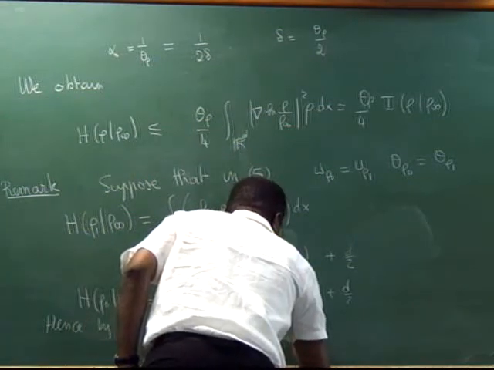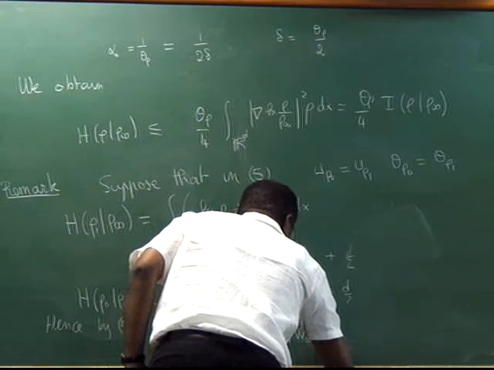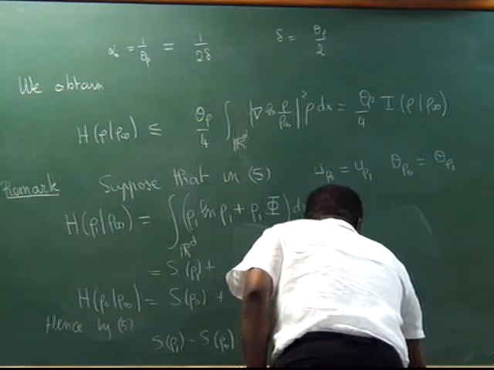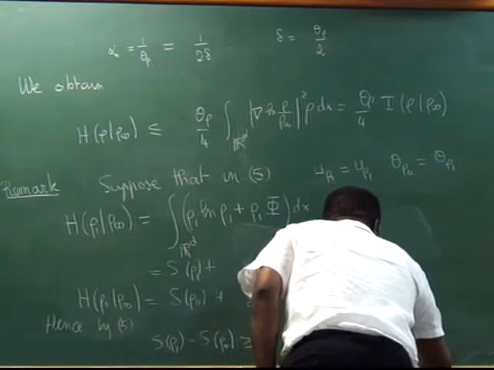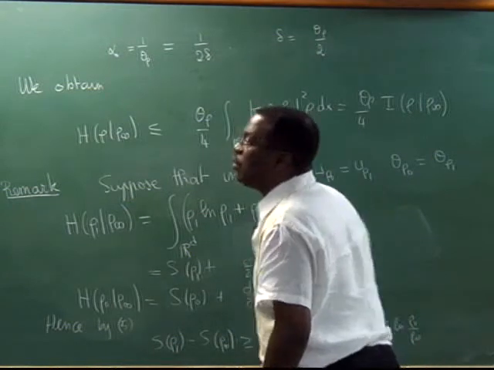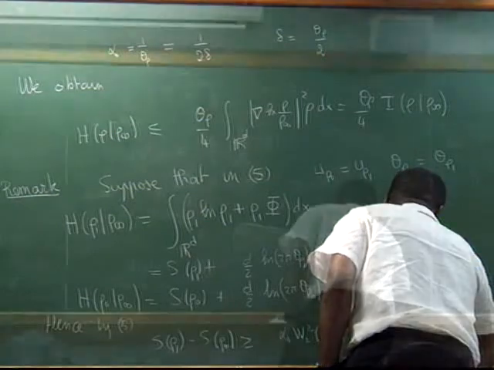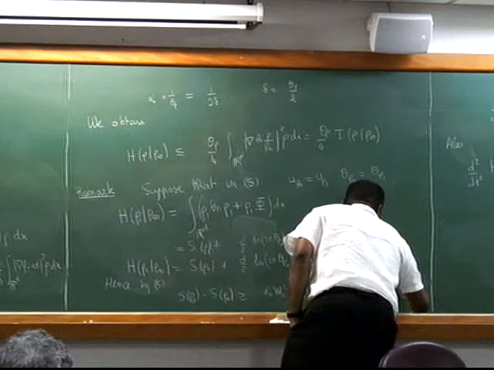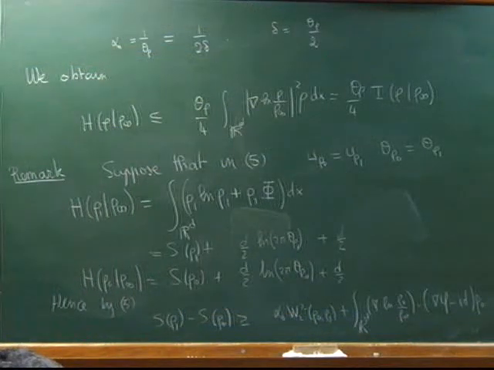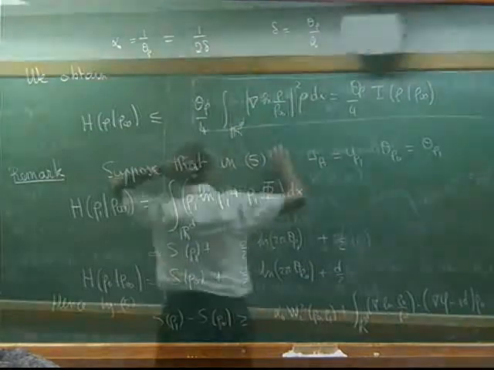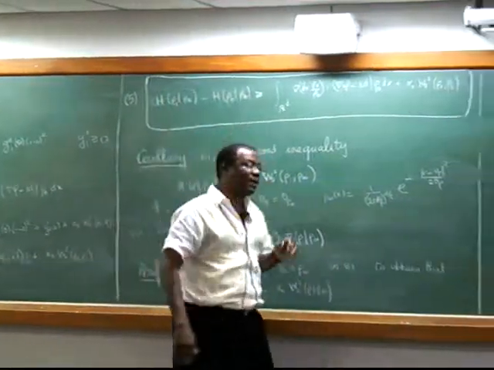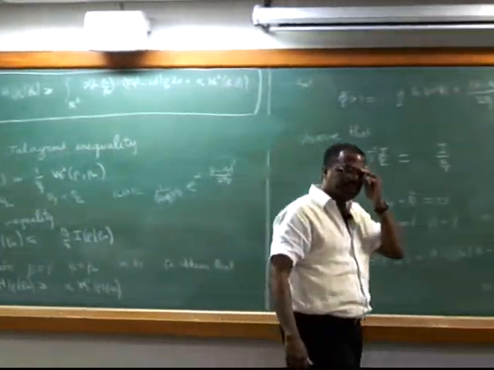alpha 0, the Wasserstein distance square between rho naught and rho 1, plus the integral over Rd, gradient of log of rho naught divided by rho infinity, inner product gradient of phi minus identity rho naught. Okay, so what I am trying to point out is if rho naught and rho 1 have the same first and second moment, I can replace the relative entropy by the entropy itself.